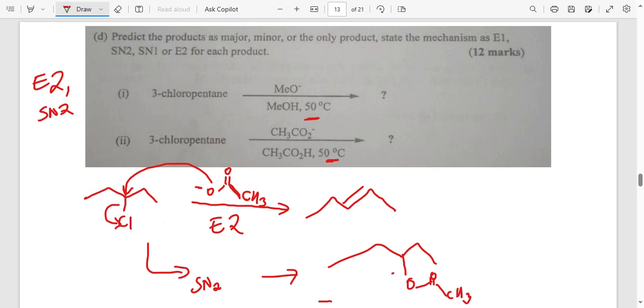Do you understand the difference there? Should I repeat, or it's clear we proceed? Pardon?